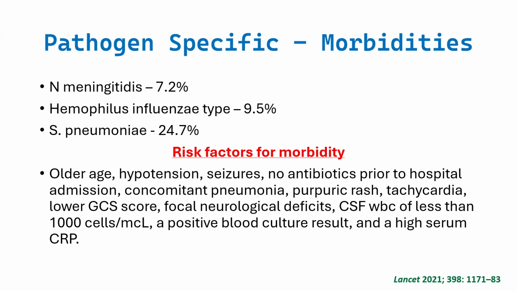Older age, hypotension, seizures, no antibiotics prior to hospital admission, concomitant pneumonia, purpuric rash, tachycardia, lower GCS scores, focal neurologic deficit, CSF white cell count less than 1,000 cells, positive blood culture, and high serum CRP.